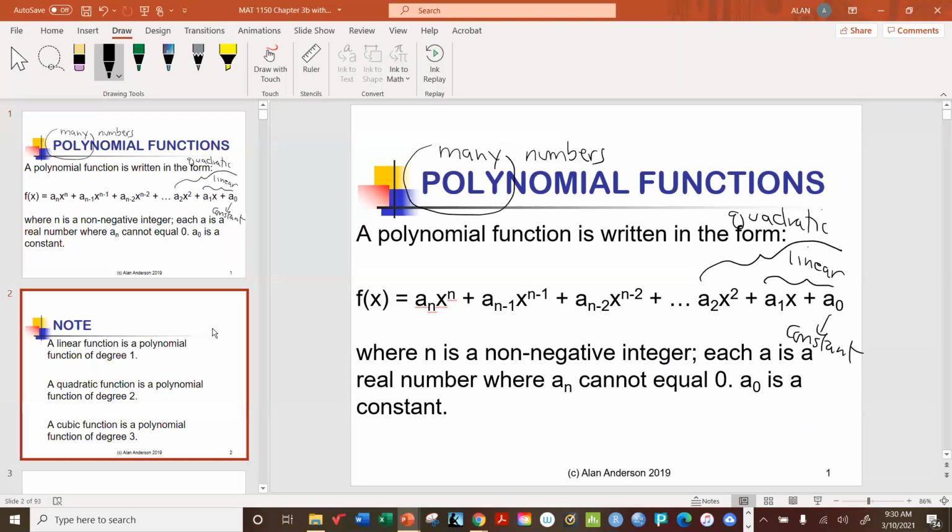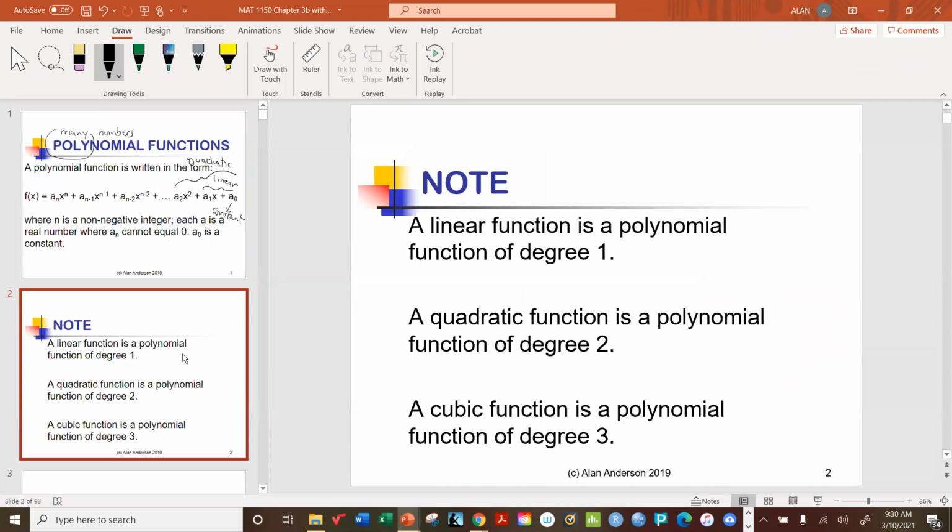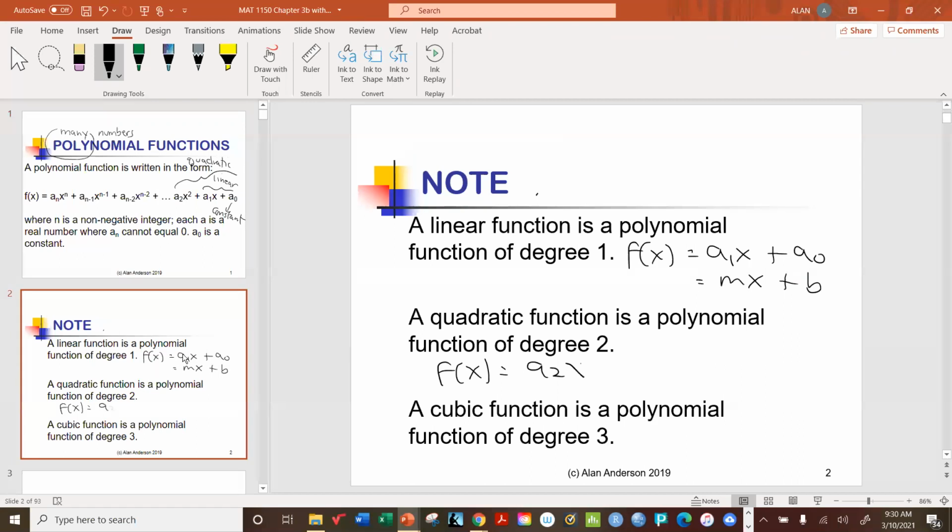All right, well, anyway, so these are the special cases. A linear function, we call that degree 1. In other words, that would be f of x simply equals, based on the formula on the previous slide, I'll keep using this notation. But you recognize that this could be written as mx plus b. The second one, the quadratic, is based on the notation in the previous slide.